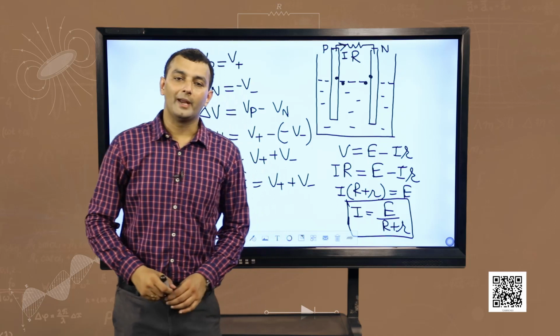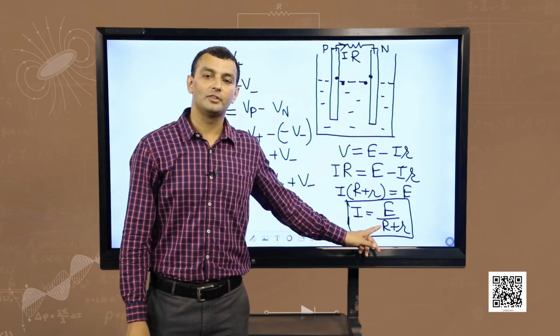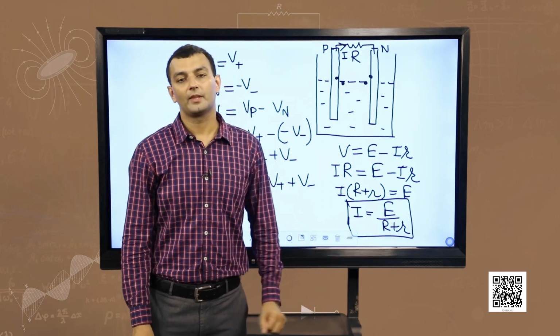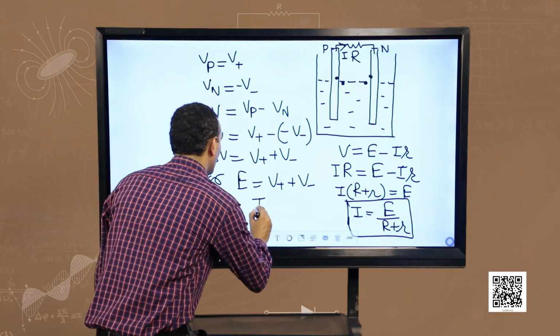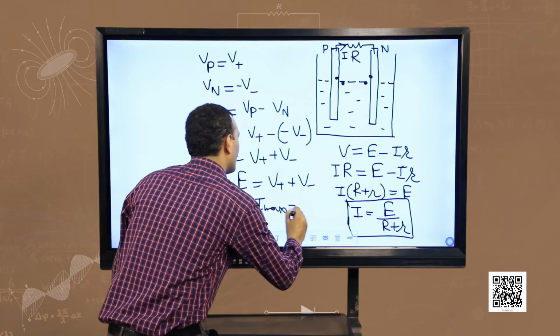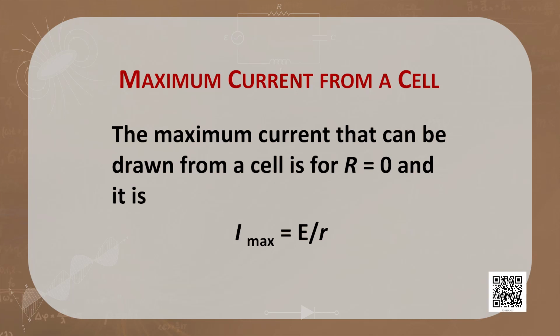However, in order to get the maximum current from this cell, the external resistance capital R should be 0. In that case, the maximum current will be E upon small r. But practically we never do that, since such a high value of current may damage the cell.